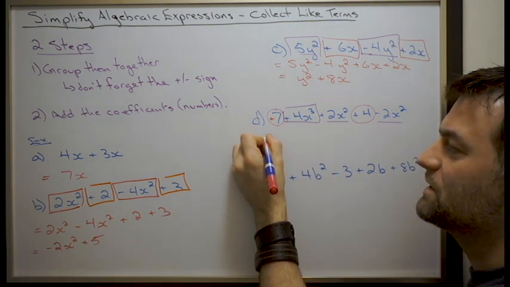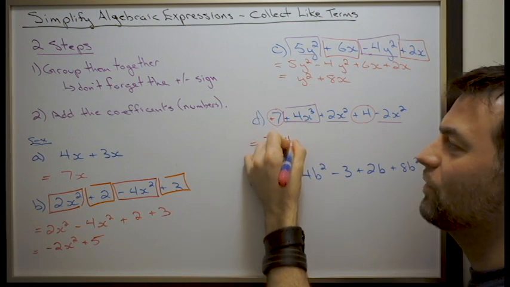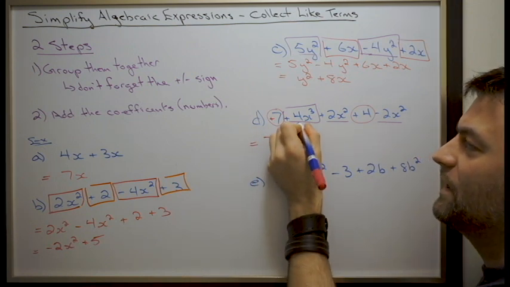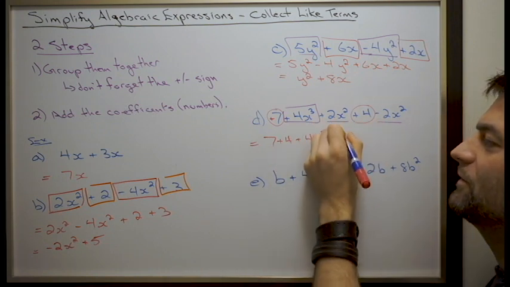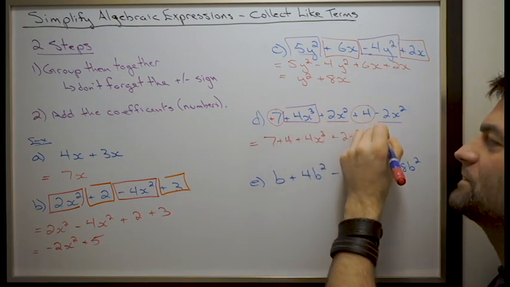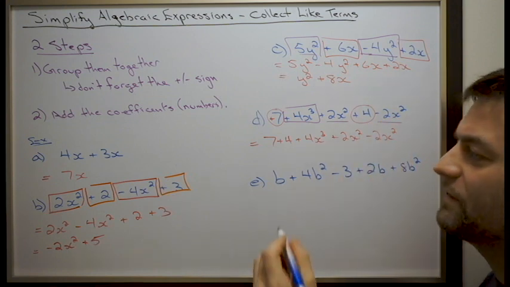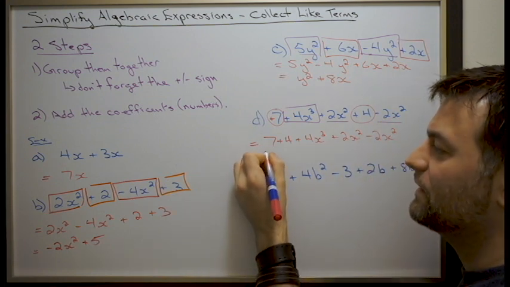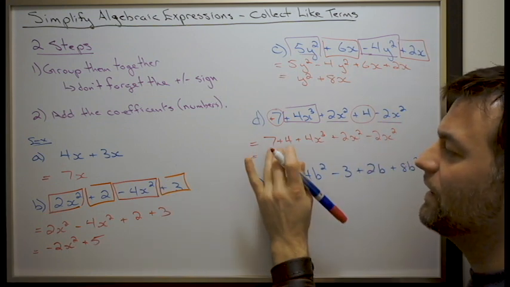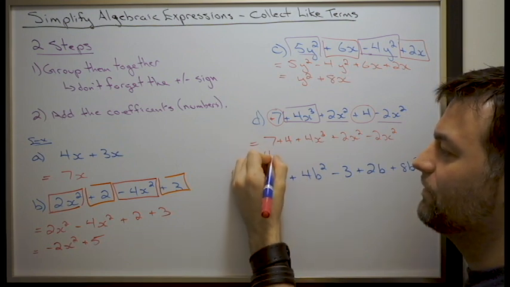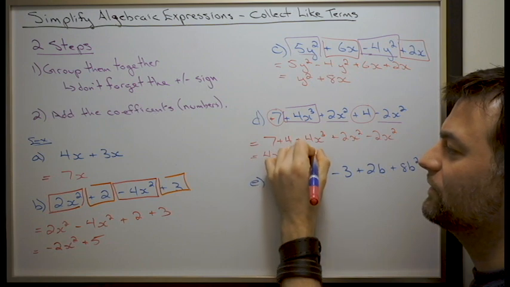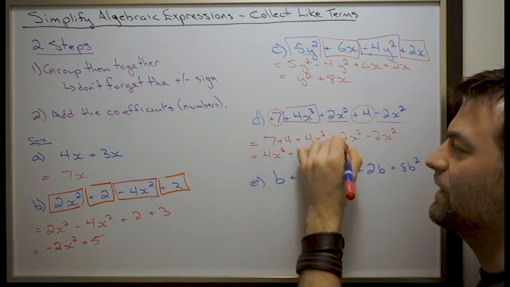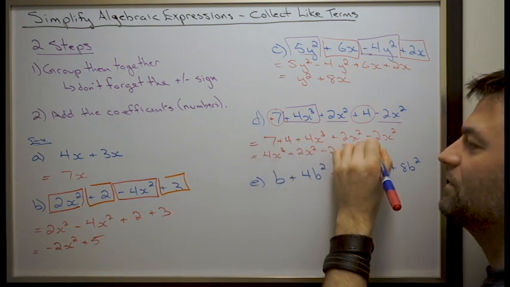You might write this just 7 plus 4, then plus 4x cubed, then plus 2x squared minus 2x squared. You could write it like that, or you could write it like this: 4x cubed plus 2x squared minus 2x squared plus 7 plus 4.